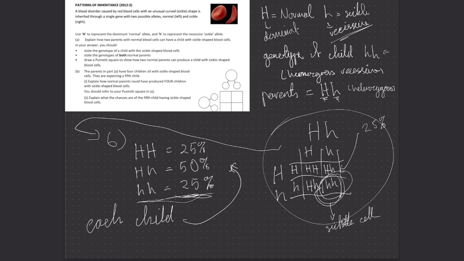Okay? Each child, figuratively, rolls the dice on which genotype or genes they'll receive from their parents. Okay? So each child has a 25% chance of being sickle-celled. All right? The 4 children previously have all received the sickle cell.